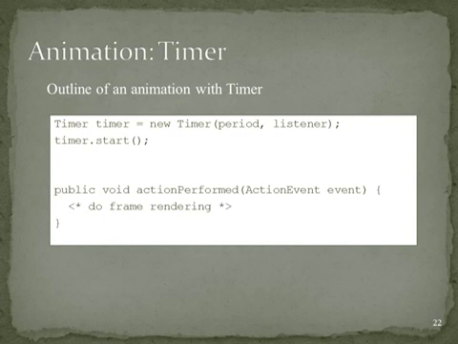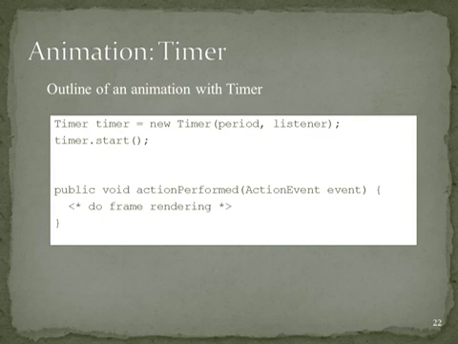An outline for the timer: as we said before, an alternative to creating our own thread is to use the Timer class provided by Swing. A timer object periodically generates an action event at a predefined rate. The event will trigger the listener, which may perform the rendering of a frame.